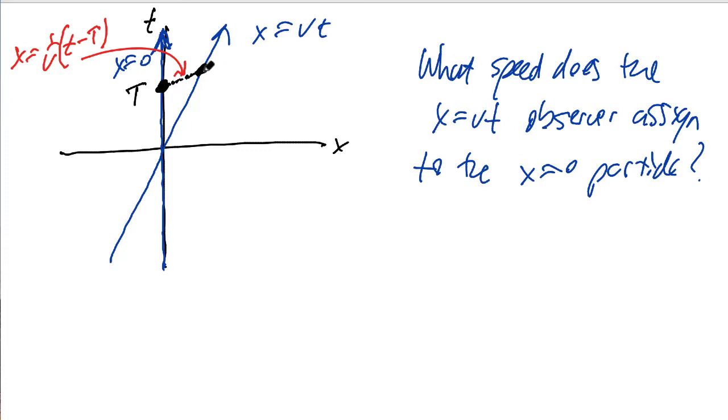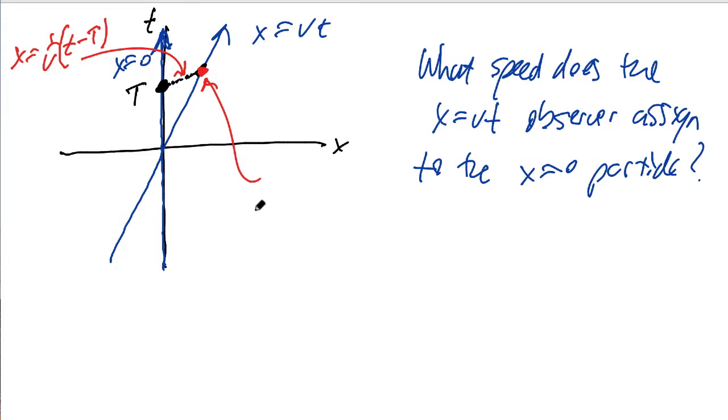All right, so what are the coordinates of this event? Well, the coordinates of that event are given by the intersection of this line of simultaneity with the world line of this observer. So we need to simultaneously solve the equation x equals vt and this equation.